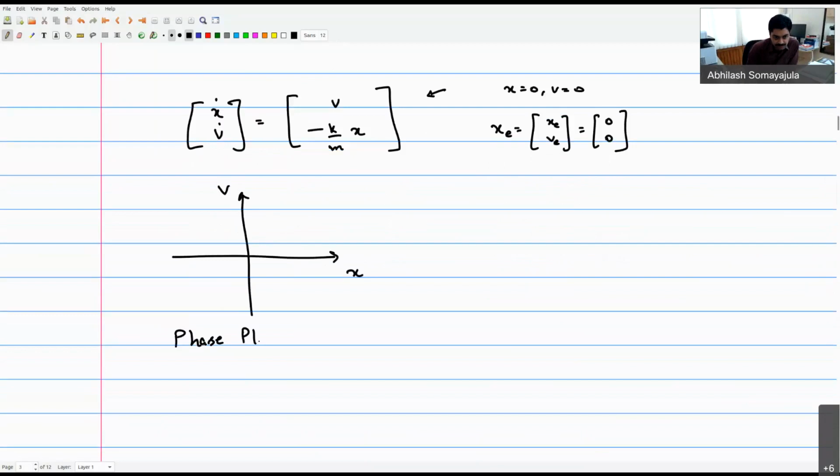It is in here that we want to look at what is happening to the trajectories over time. Notice that this is not a plot versus time. We are looking at what is happening to the trajectories starting from an initial condition. If I start from some initial condition and let go of the system, what will happen? How will the trajectory evolve on this phase plane?